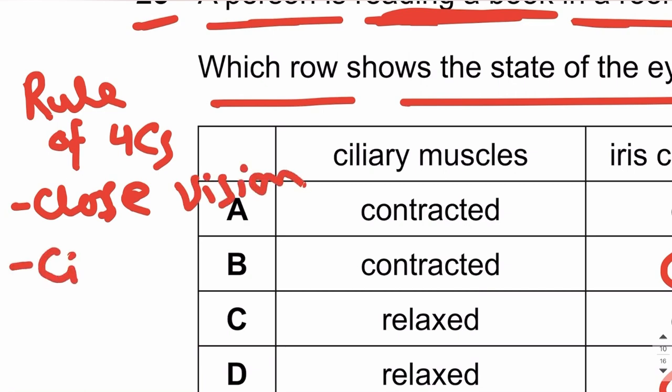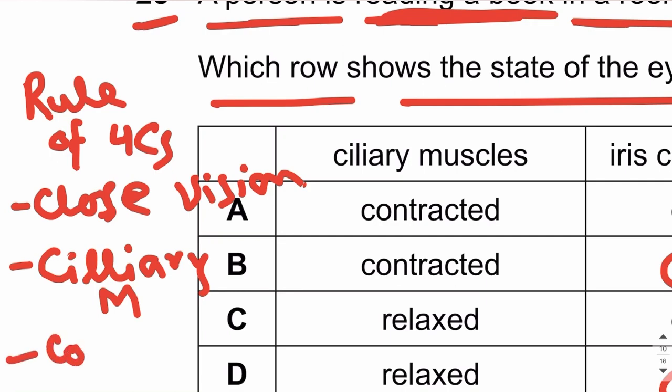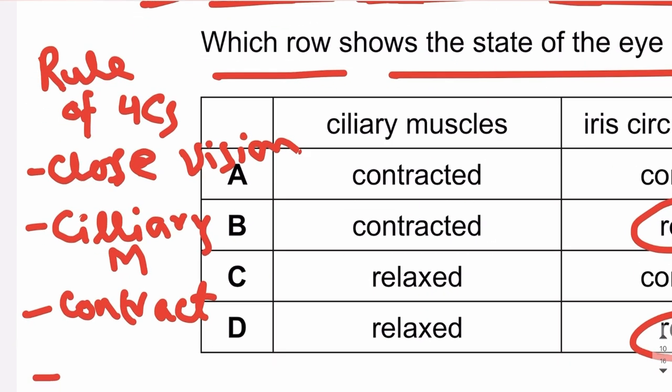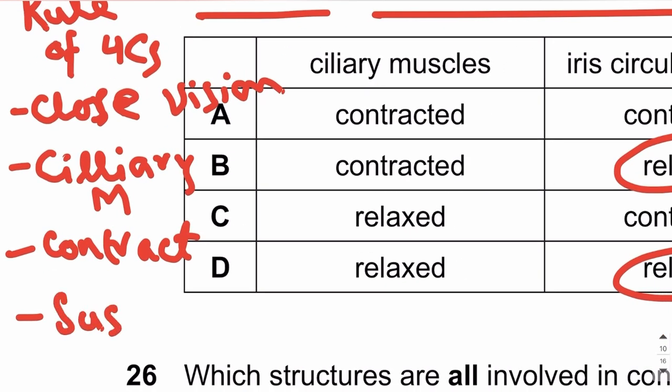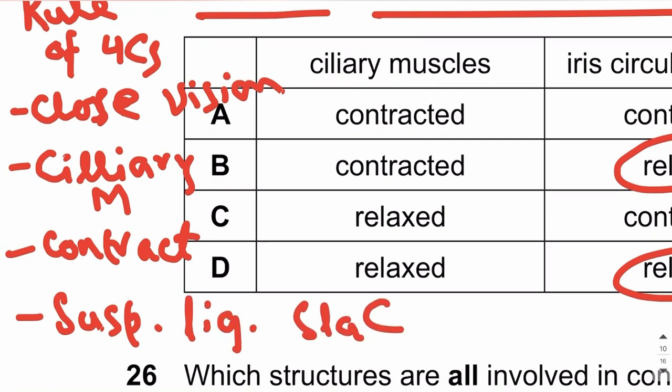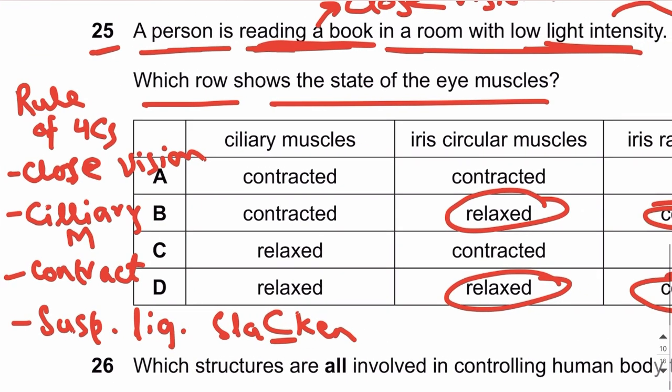The ciliary muscles will contract. And what will happen when the ciliary muscles contract? The suspensory ligaments will slacken. They will become slack. So C for slack, right?